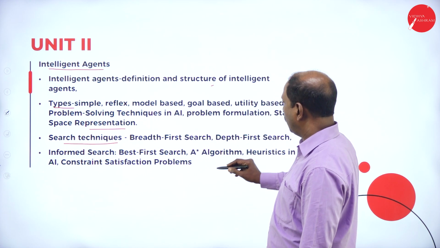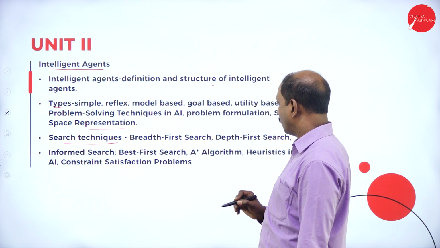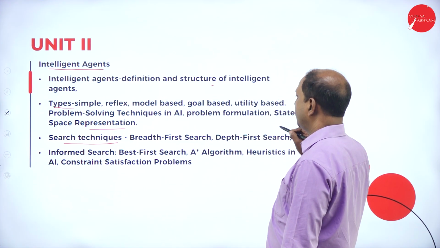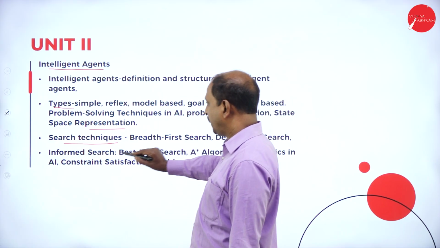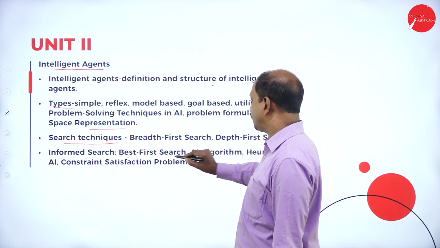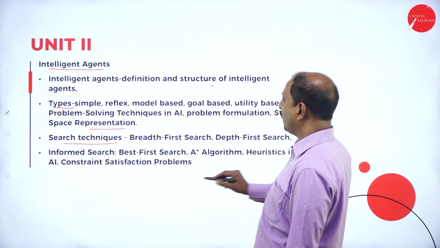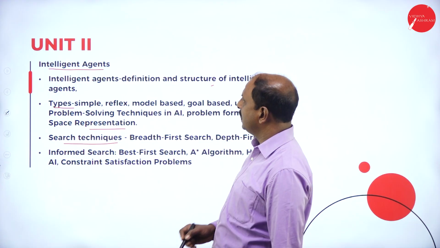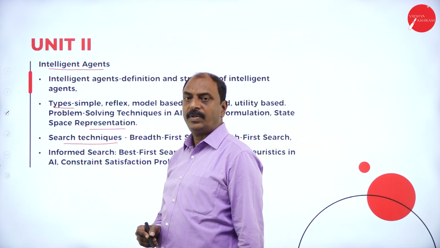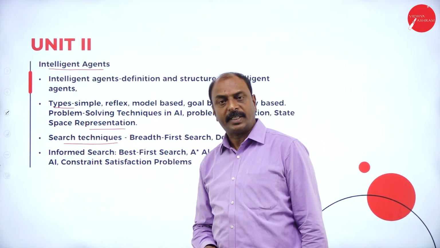We are going to learn the BFS, breadth first search algorithm, depth first search algorithm, and again under informed search, we have best first search, A star algorithm and heuristics in AI, constraint satisfaction problem. See, these are all in the second unit. We are going to talk about intelligent agents, types and structure.